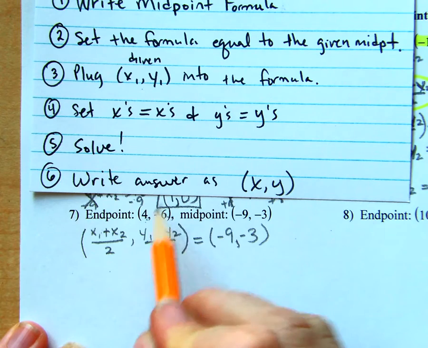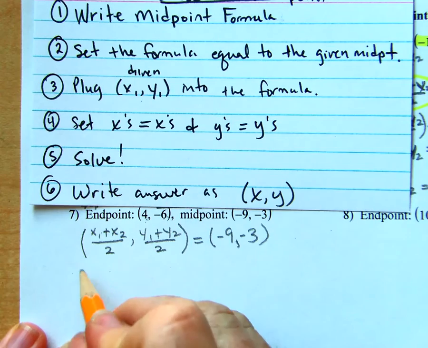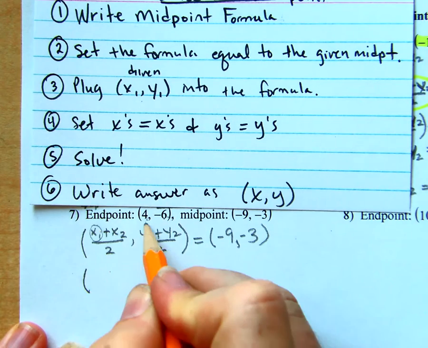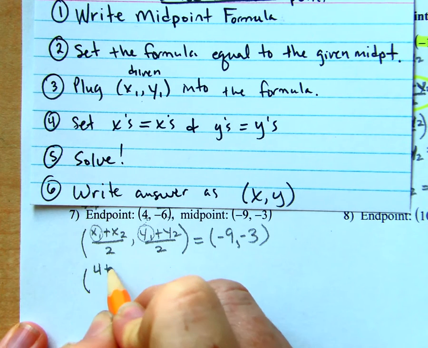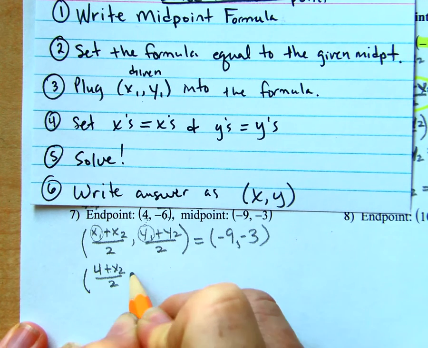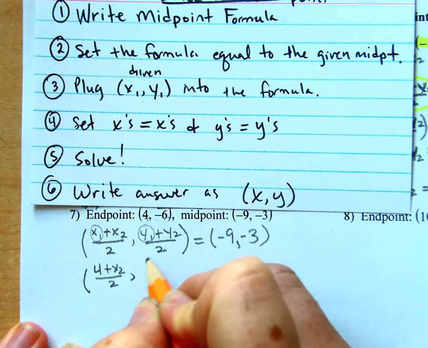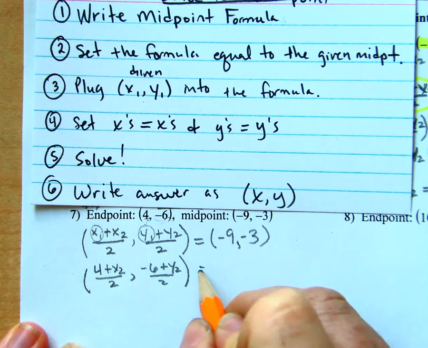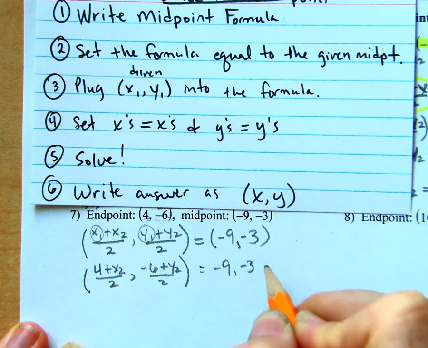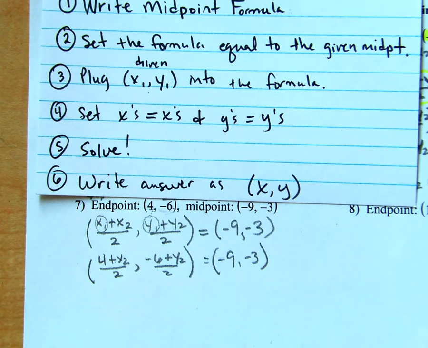These are my x1 and y1. They're an endpoint. So I'm going to plug in, and I'm going to stop using colors now. So here's my x1, 4 plus x2 over 2. Here's my y1, negative 6 plus y2 over 2 is negative 9, negative 3, right?